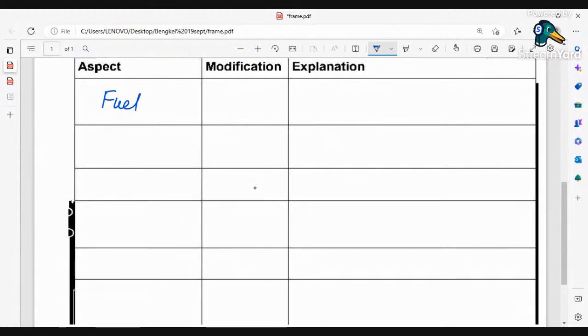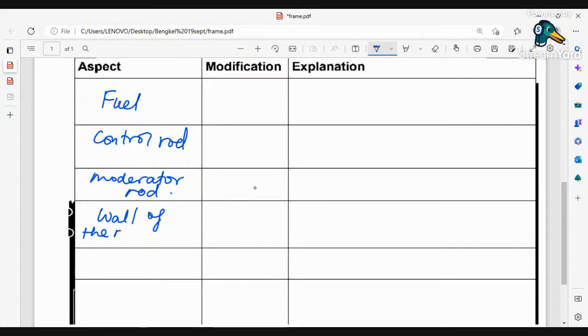Fuel. Okay. Okay, control rod. Okay, moderator rod. You must know the structure of reactor nuclear. Okay, wall of the reactor nuclear. And then the cooling agent.